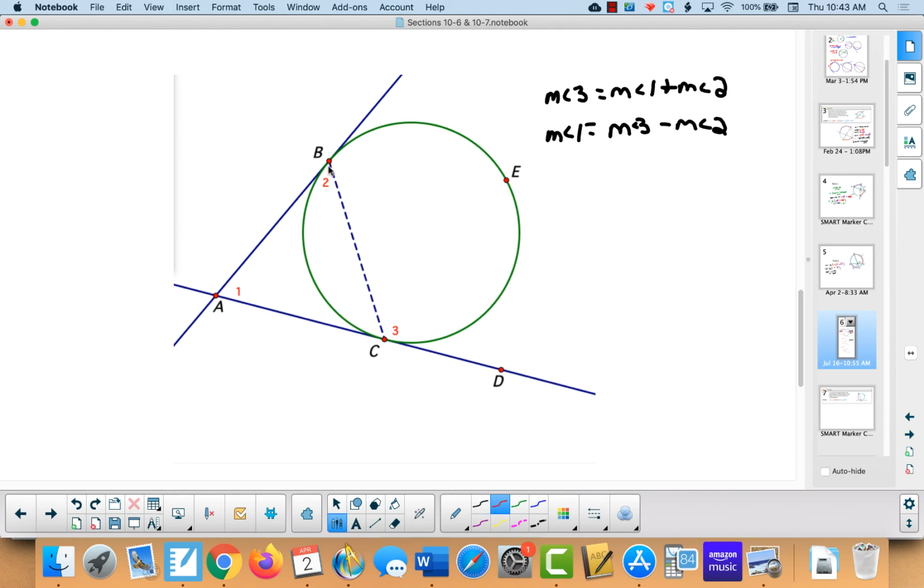Angle 2 is one of those secant tangents, so it's equal to 1/2 its intercepted arc. Angle 3 is also a secant tangent, so it's equal to 1/2 its intercepted arc.